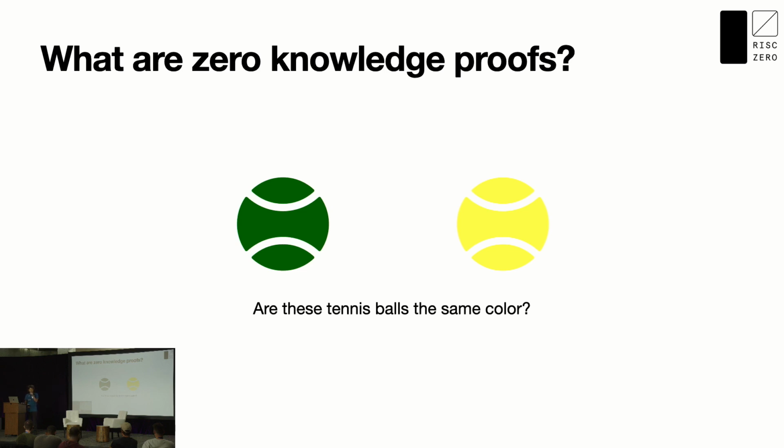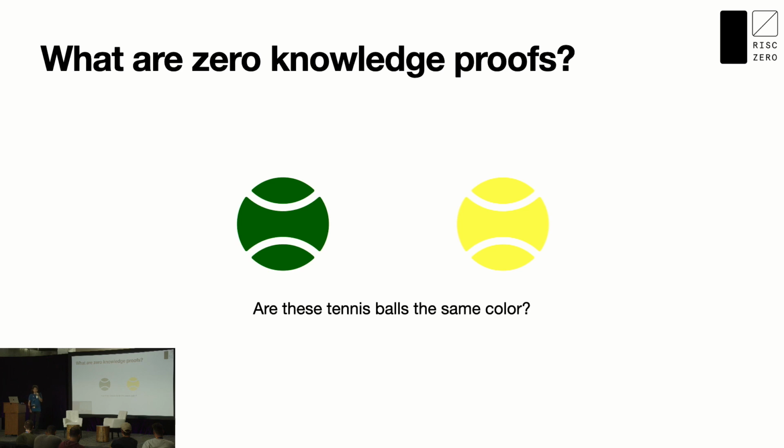So what happens is a person hands me the balls, and I will put them behind my back, and I will pretend to switch them or maybe not switch them, and then ask the person who can see the colors if I've switched them from the initial configuration.